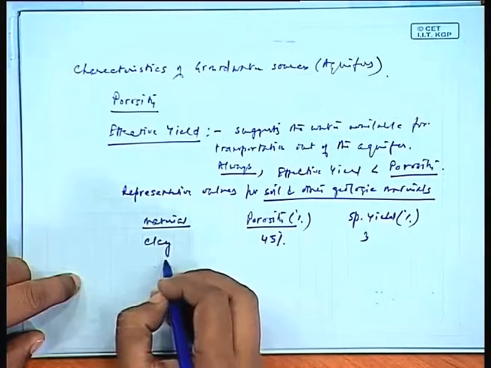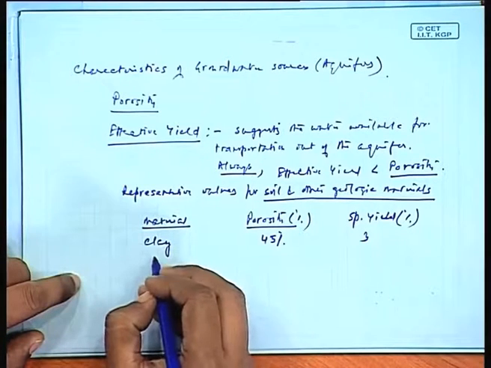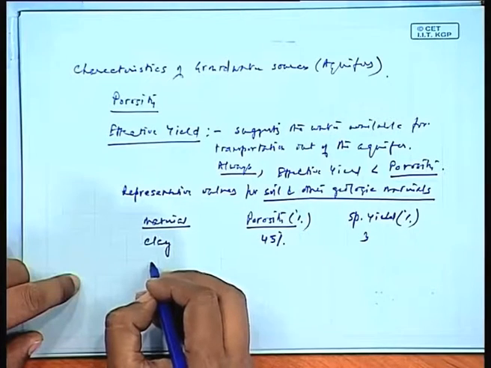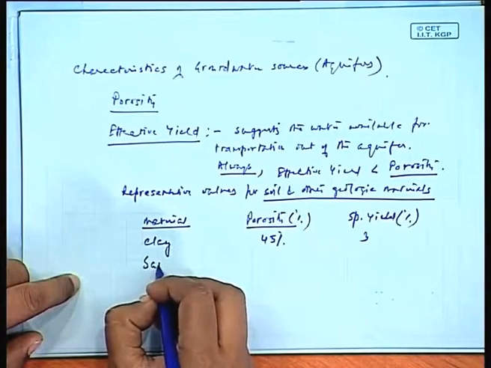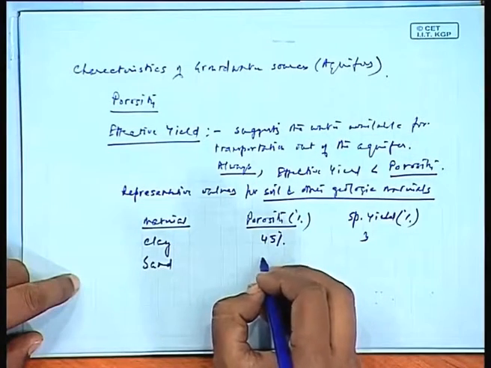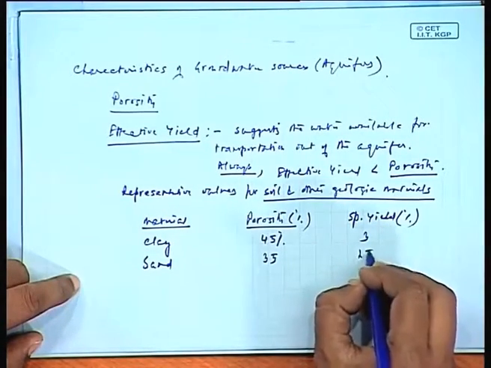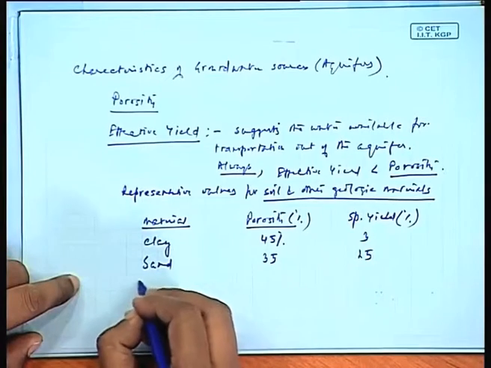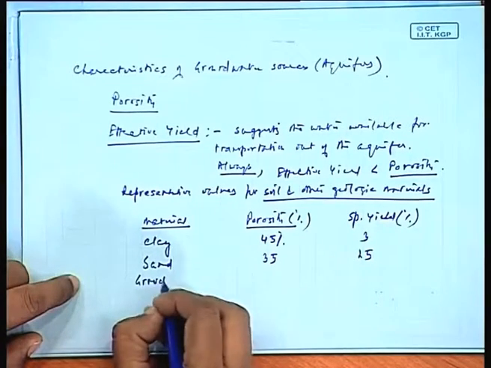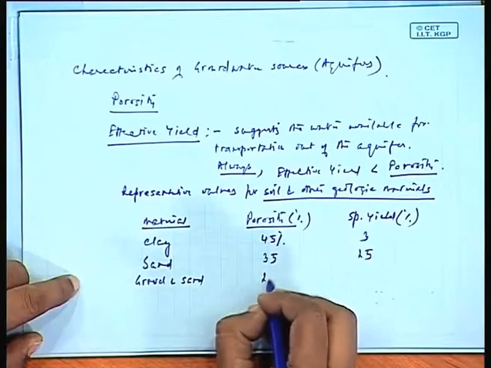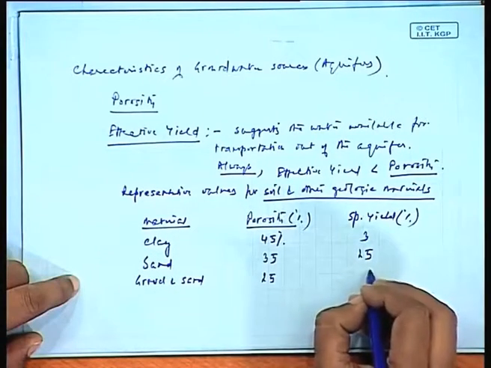The water in the clay would not be available for transportation. Sand is 35 and 25. This is gravel and sand, 25 and 22.